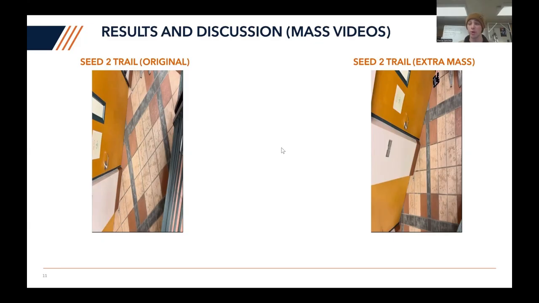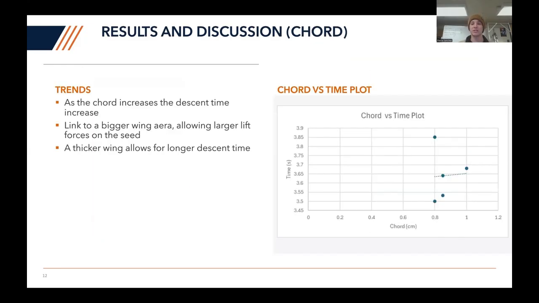Moving on to the chord, we're able to see that as chord increases, the time for descent increases as well. This can be attributed to the fact that with a longer chord, there is more area for lift to be produced. This lift force allows it to counteract the weight force pulling the Samara seed down, keeping it in the air for longer.